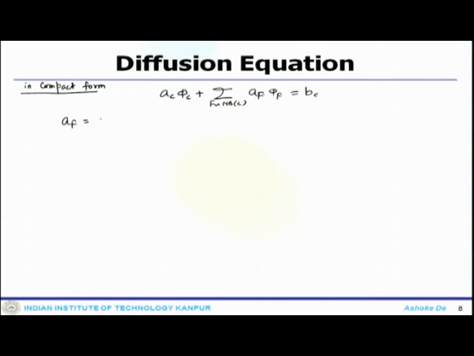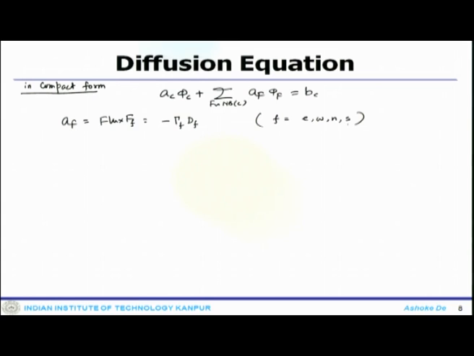AF stands for flux F F, which is minus gamma F D F. Okay. So, where small f is east, west, north, south.